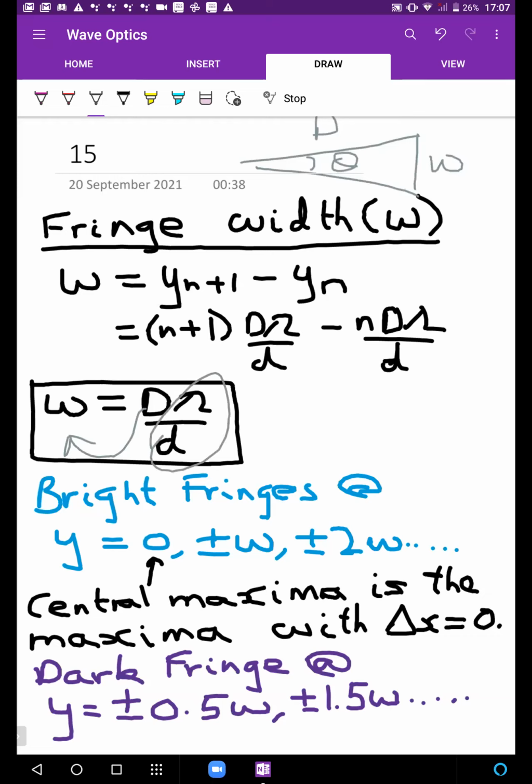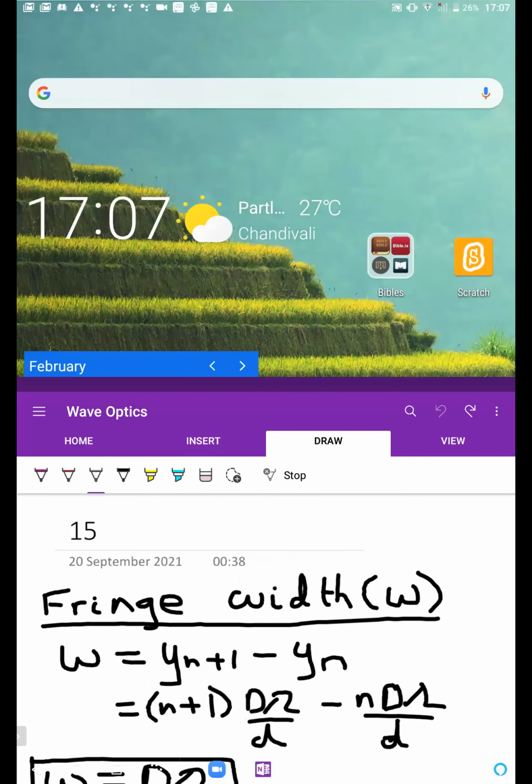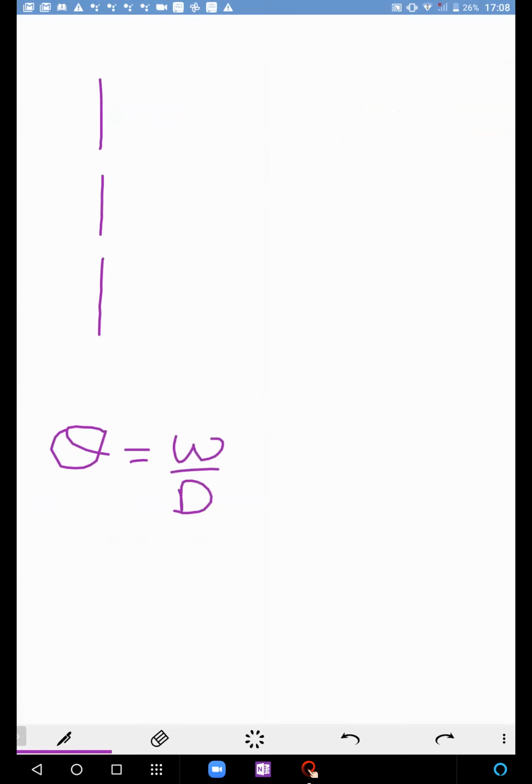In fact, the angles along which the maximas are formed are typically fixed. Let me show you in a diagram.